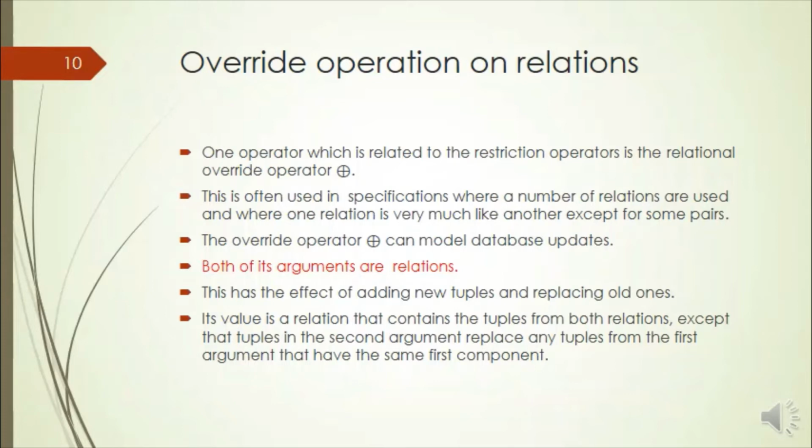This has the effect of adding new tuples or order pairs and replacing old ones. Its value is a relation that contains the tuples from both relations, except that tuples in the second argument replace any tuples from the first argument that have the same first component.